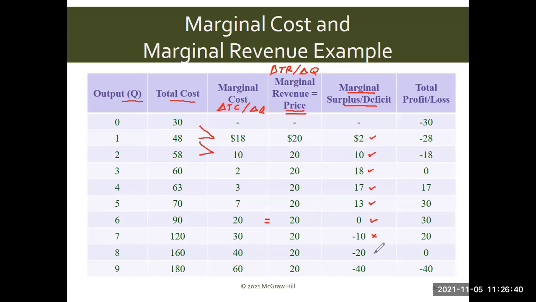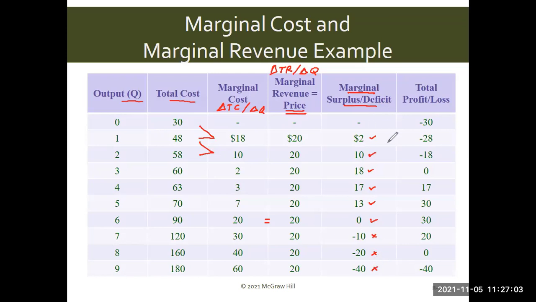So that's a further even bigger deficit on that 8th unit of minus 20. So we wouldn't want to produce that one. And then we look at the 9th unit, see its marginal cost has totally risen to 60. Very expensive to produce that 9th unit, but we still can only sell it for 20. So the marginal deficit of minus 40, we don't want to produce.